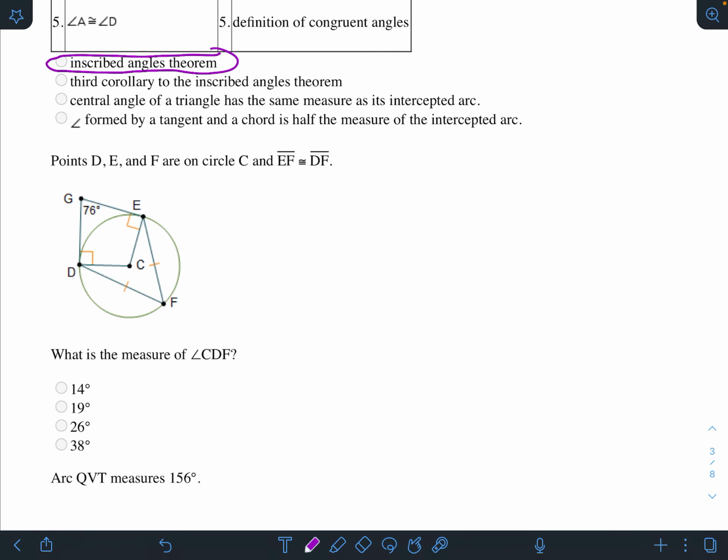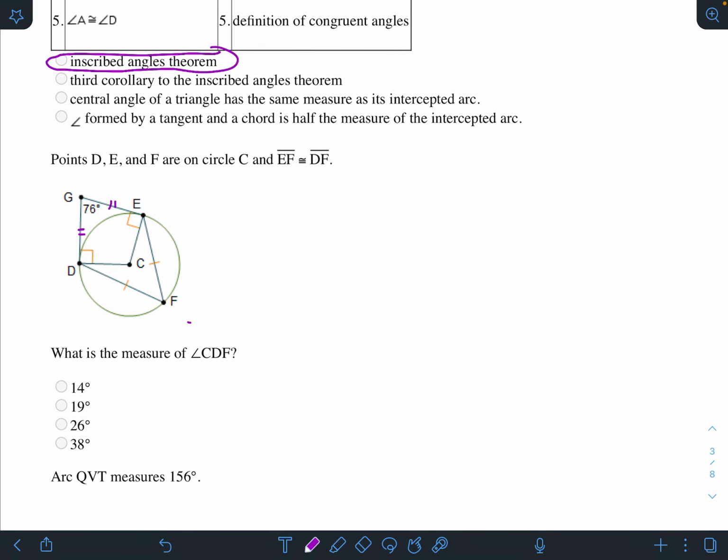All right, points D, E, and F are on circle C, and EF is congruent to DF. So here, there's a few different ways to solve this. I'm going to go over what I think is the easier way. You'll notice that this quadrilateral that formed is a kite because I have these two congruent chords down here, DF and EF, and then these two tangents will also be congruent.